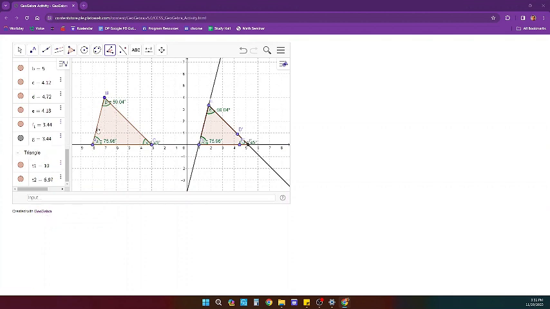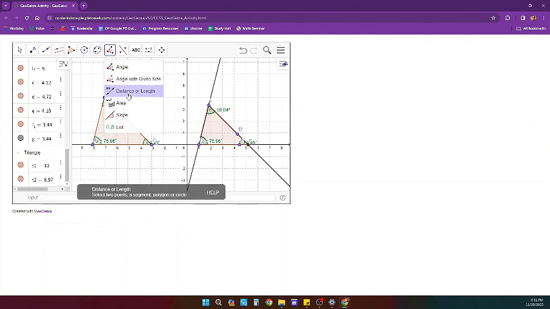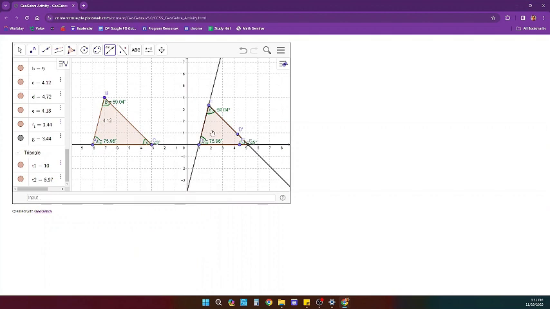But triangle ABC is a little bit bigger than DEF. And we could verify this by clicking the measure tool on distance and clicking this line here and this line here. So the angles are the same, the size is different, but the shapes look pretty similar to one another.